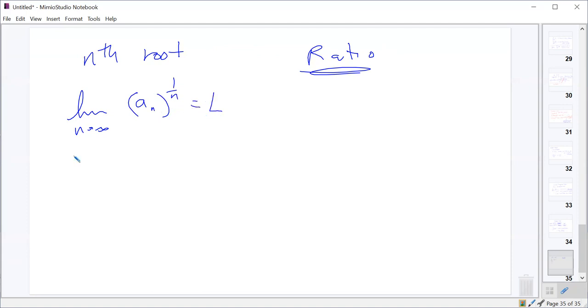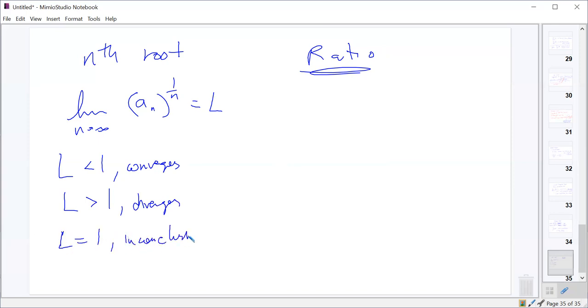And when it comes out to be whatever the limit L is, if L is less than 1, it converges. If L is greater than 1, it diverges. And if L equals 1, it's inconclusive. Well, the ratio test gives us the same exact results.